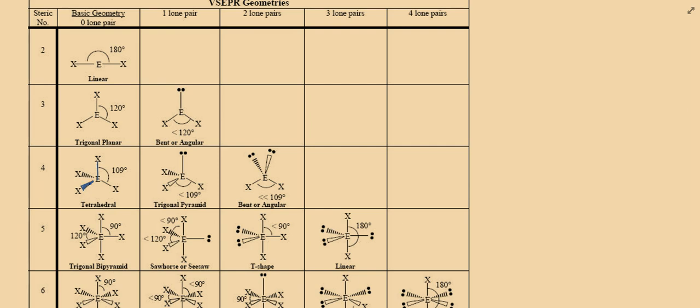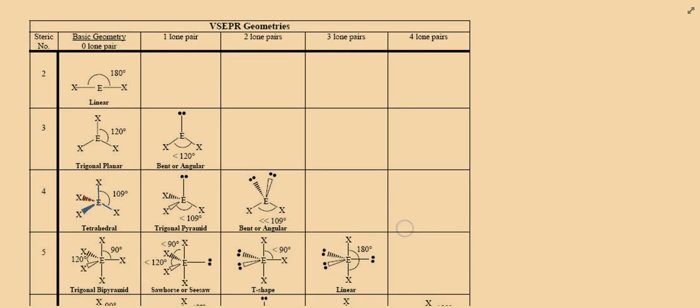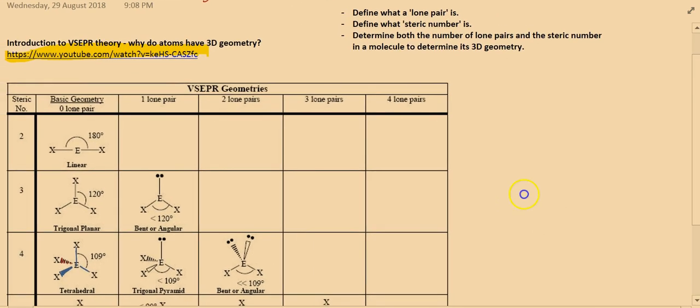Like imagine it coming towards you, whereas this dashed line here represents an atom going into the board, going into the page. But if you watch the video that I've linked up here, you'll be able to make some sense of what these tetrahedral structures actually look like three-dimensionally. In any case, let's get going.